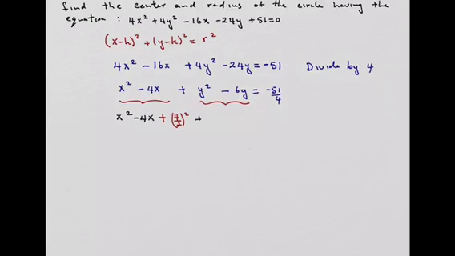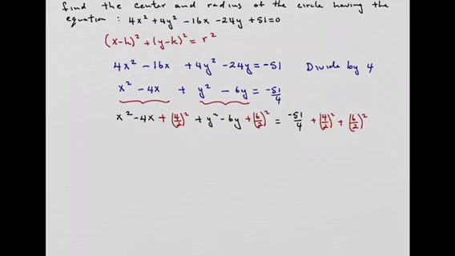So plus y squared minus 6y, and we'll add half of b and we square it. But keep in mind that whatever we add on the left side, we must also add on the right side so that it balances it out. So we will add the 4 over 2 squared and 6 over 2 squared.